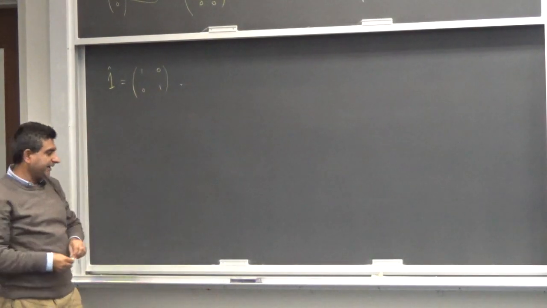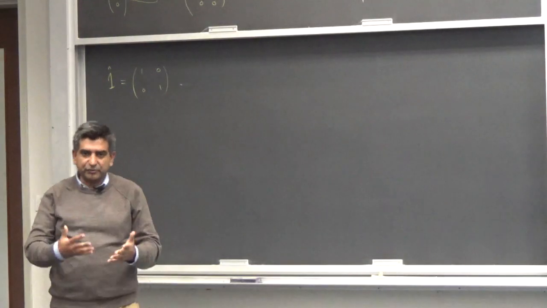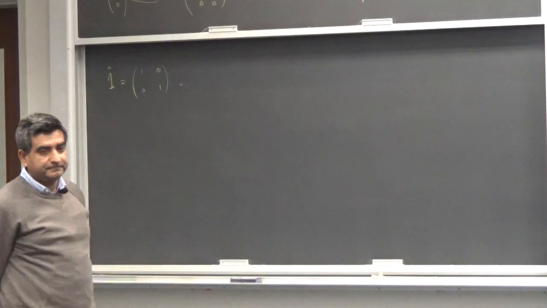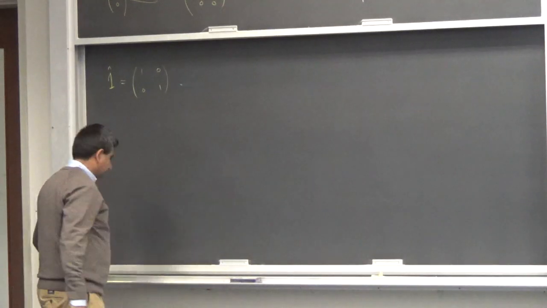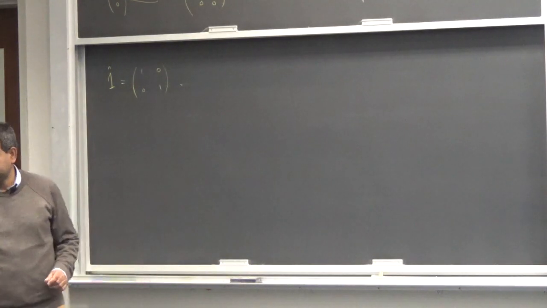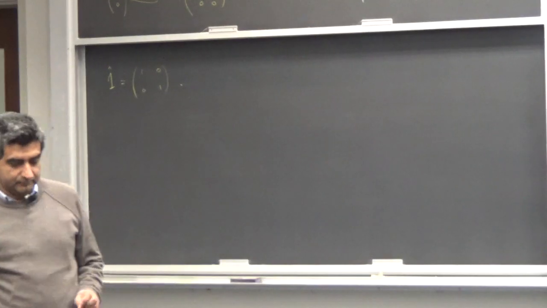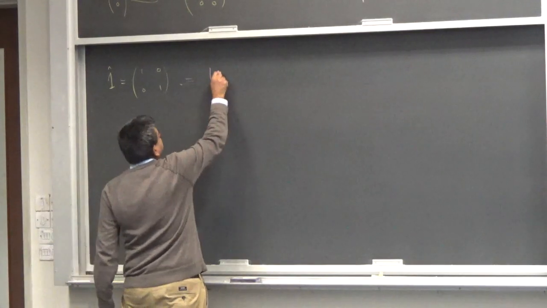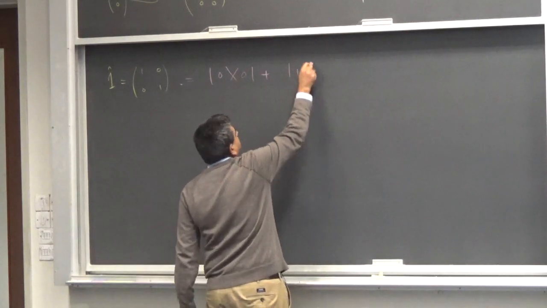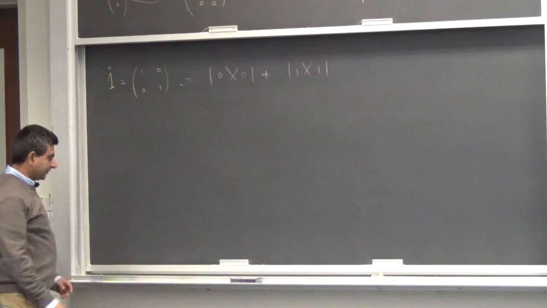Could you write this in its decomposition of outer products, please? Very simply, this corresponds to ket 0 bra 0 plus ket 1 bra 1. This is the identity matrix.